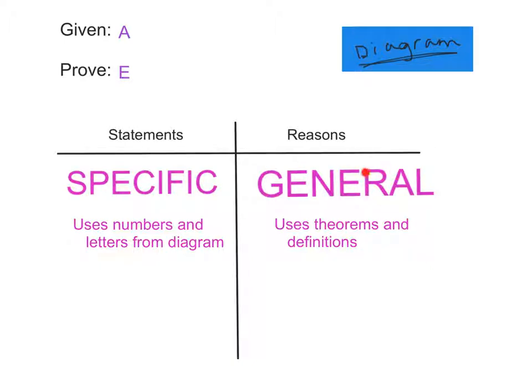No. We don't get to use any specific letters or numbers from the diagram here. I should be able to cover up the statement side, and whatever is written here could go to a diagram with different letters, and this would still apply, and nothing here would have to change. The statement side gets to be specific, the reason side has to be general.